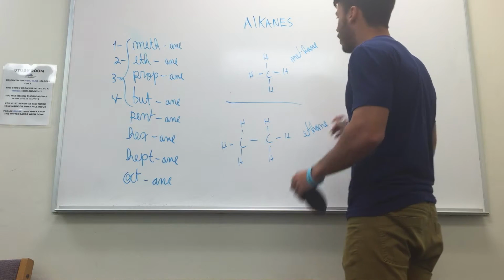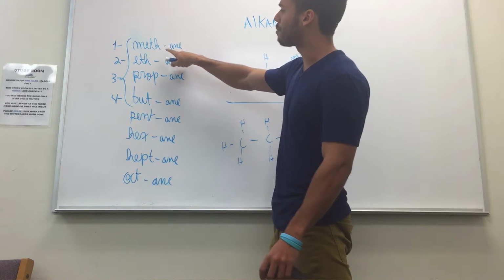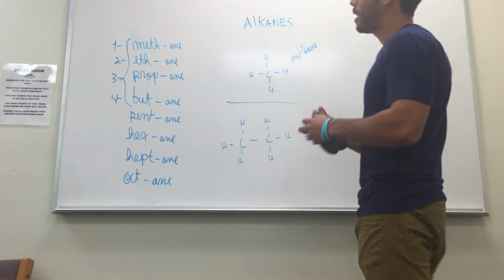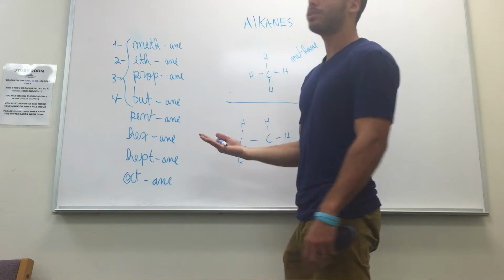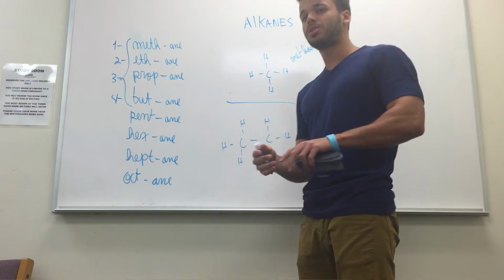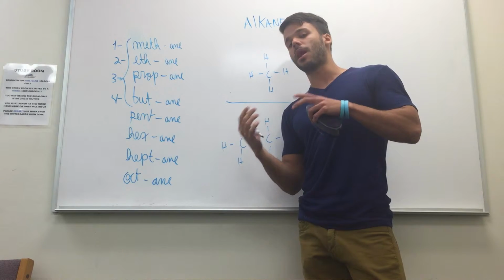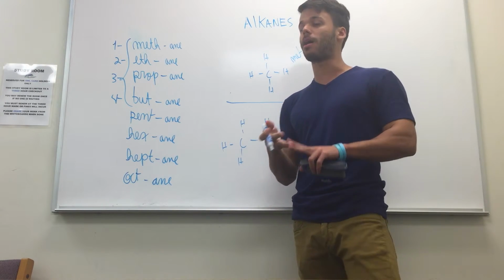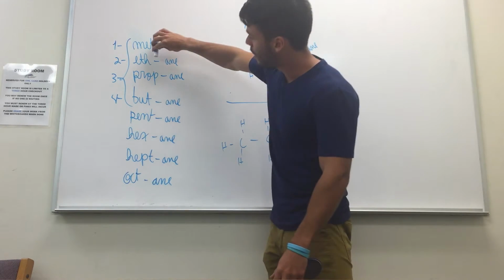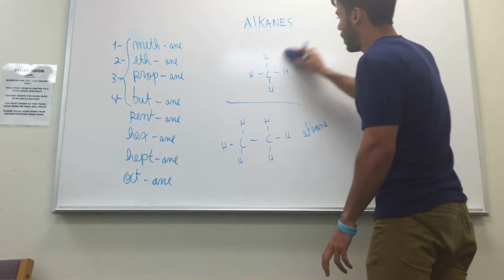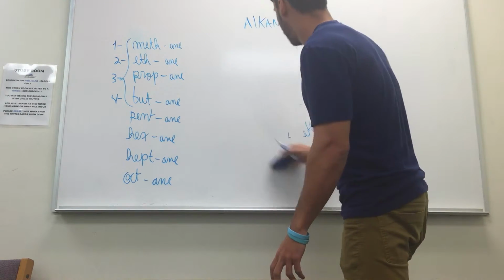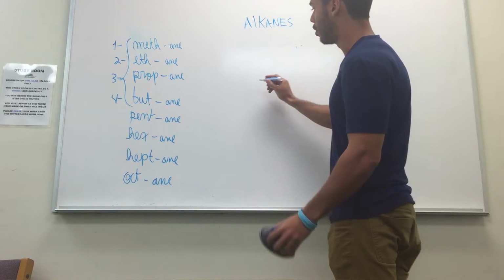Okay? Now, why did I separate these here? Because, as I said, the meth, eth, prop, and but will also be used for alkenes, which are the double bonded molecules, and alkynes, which are triple bonded molecules. And so as long as you know the beginning of the word, you should be okay. All right? Now, what do you think a propane would look like?